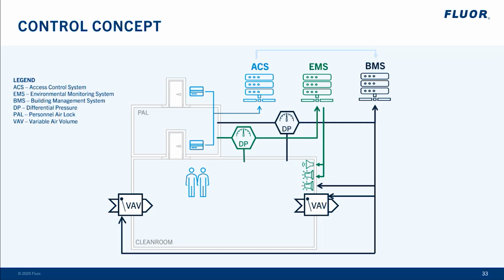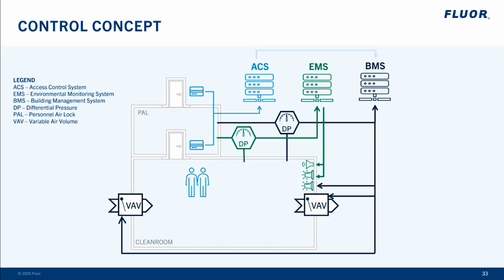The BMS, Building Management System, plays the main role in maintaining proper conditions. It also monitors the pressure cascade using its own sensor and collects information from the ACS about how many people are inside the room. Based on that, it controls two VAV boxes to adjust ventilation according to occupancy while keeping the pressure cascade stable.